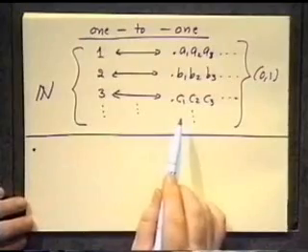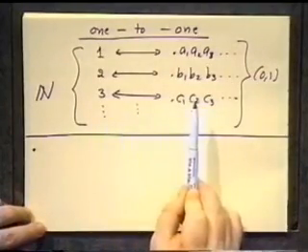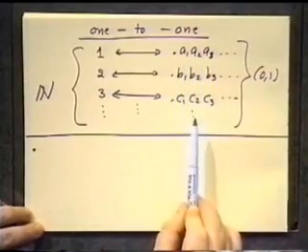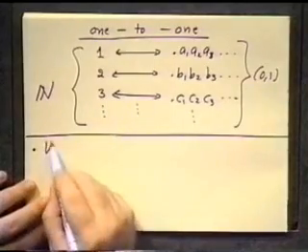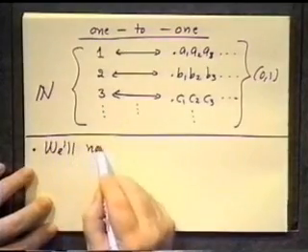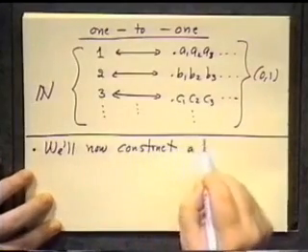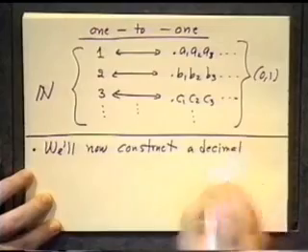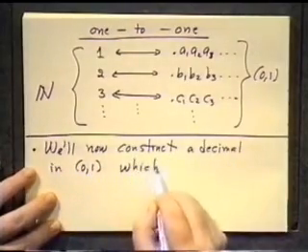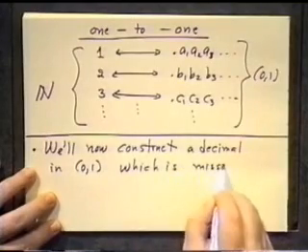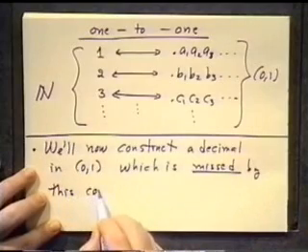Well, if this is a typical correspondence, I'm going to show that no matter what correspondence you have, there's got to be something over here that's missed. Some number in (0, 1) that this correspondence will miss. So what I will do is construct a decimal in that open interval (0, 1) which is missed by this correspondence, or any correspondence.